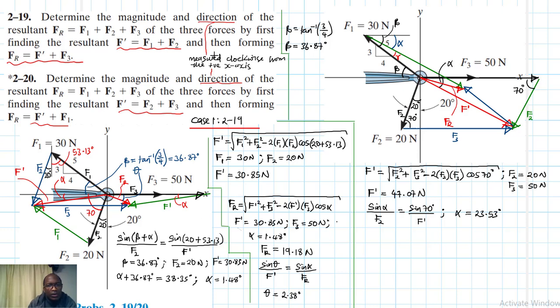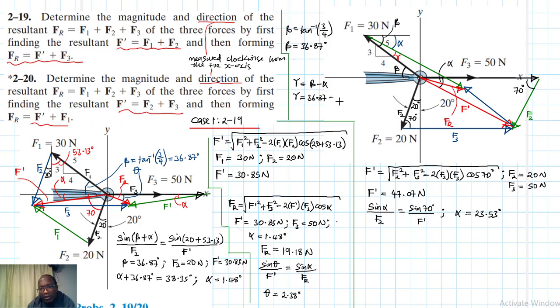Gamma is therefore equal to beta minus alpha. Beta, we said, is 36.87, minus alpha.